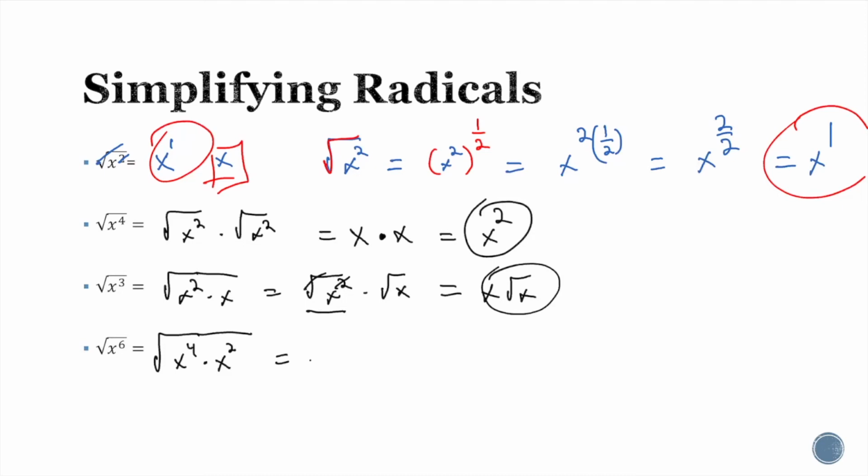And we're going to break this up again. And I know from the second question that the square root of x to the fourth is x squared. And hey, look what happens. The square root of x squared, again, is x, resulting in x cubed.